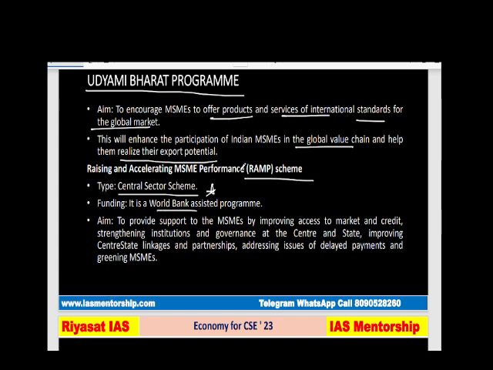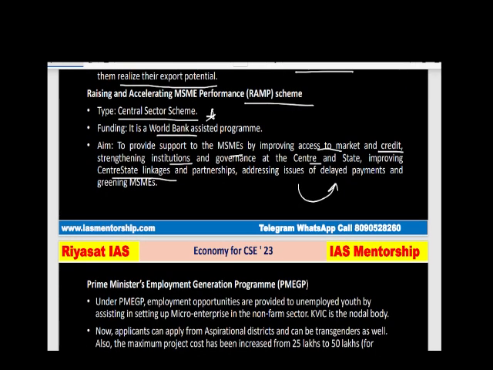What RAMP is doing, basically, is providing support to MSMEs by improving access to market and credit, strengthening institutions at the center and state level, improving center-state linkages and partnership, and also addressing the delayed payment problem. Okay, Udyami Bharat program and your RAMP.